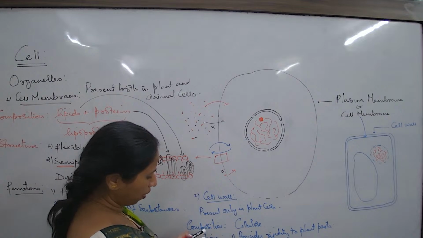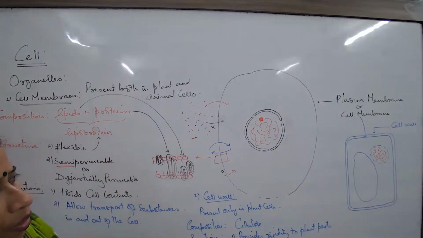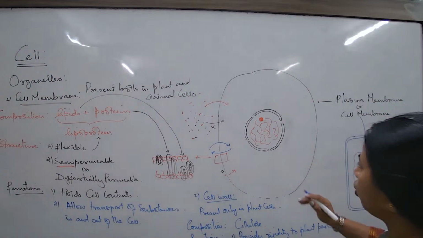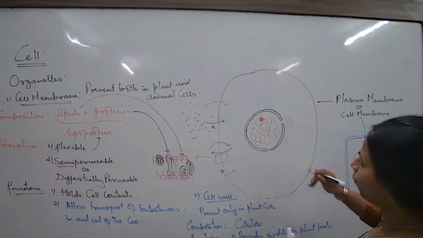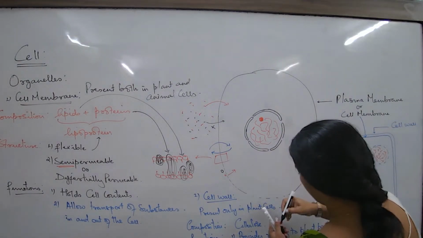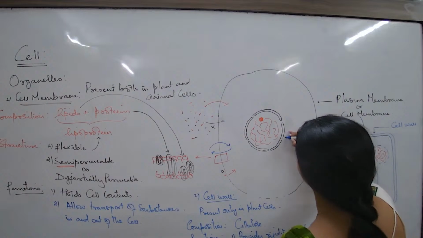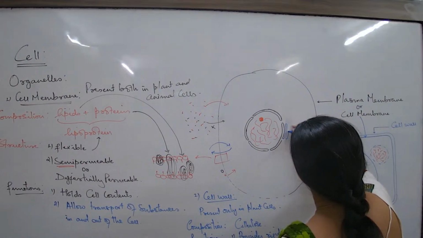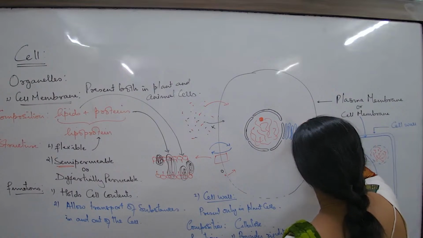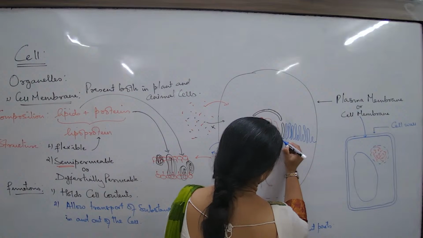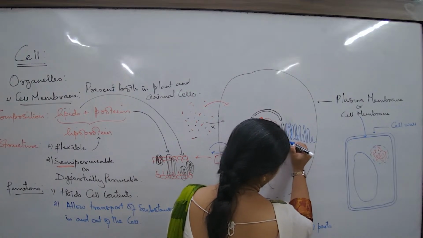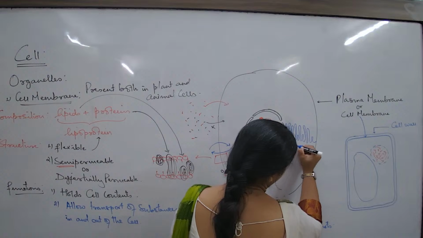Next, we look into one more cell organelle, and the next cell organelle that we are going to talk about is the endoplasmic reticulum. Let us now draw this part of the diagram. Continue with the diagram a little bit more. Just this type of tube-like structures we should draw.